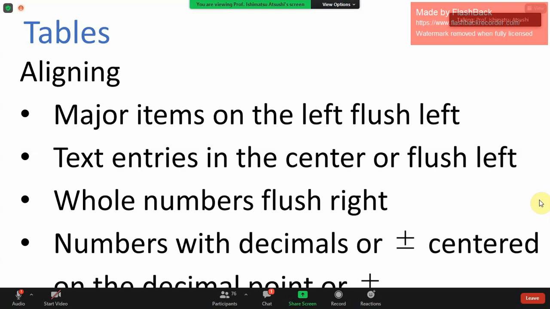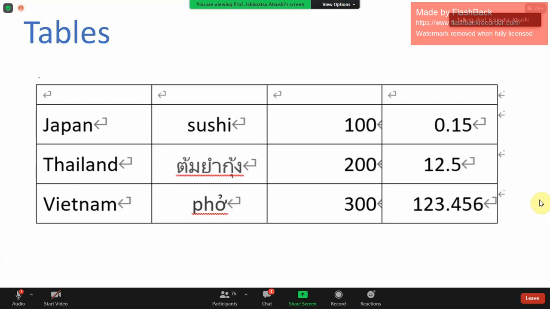Whole numbers flush right. And numbers with decimals, 0 point something or 1 point something, or plus minus signs, these are better to be centered on the decimal point or plus minus sign. Like so, okay?